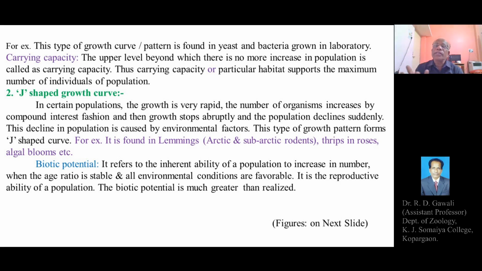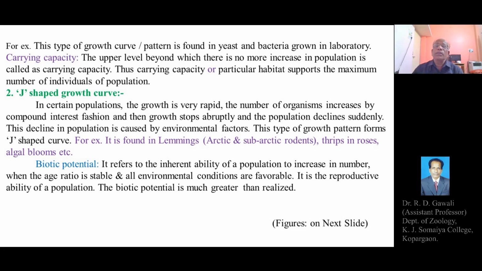So carrying capacity is in the form of a potential of the resources present in the respective habitat for providing the different requirements for the population growth, for the growth of organisms, whatever the nutrients, water, oxygen.